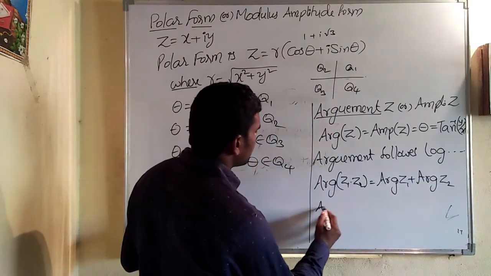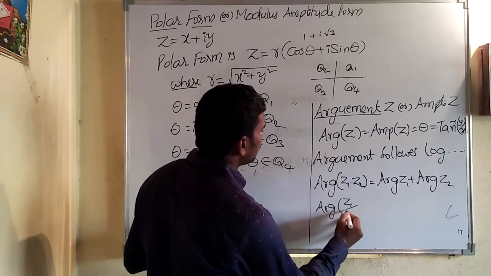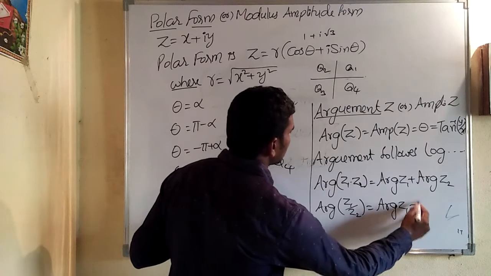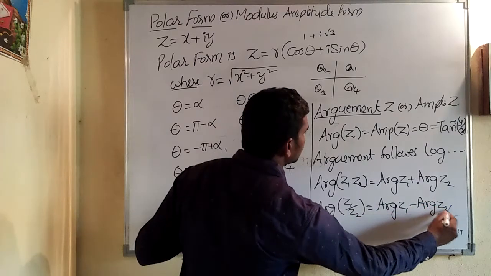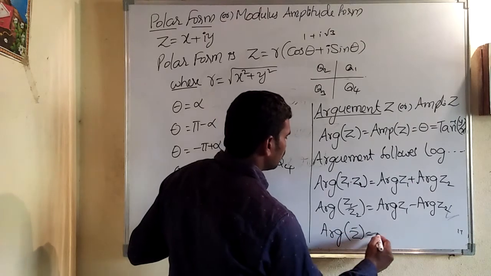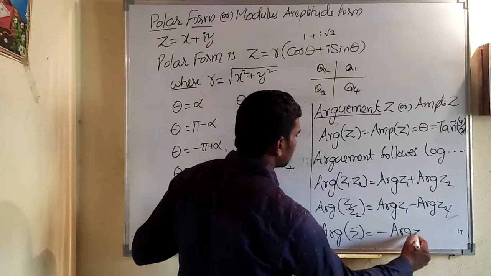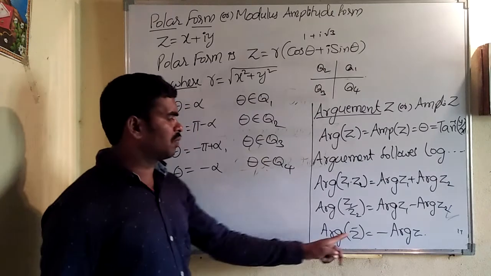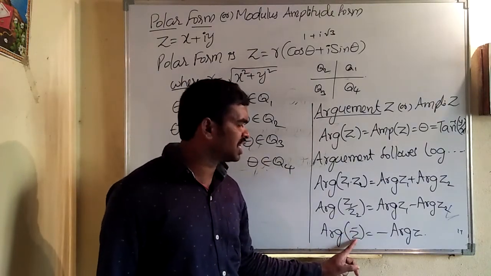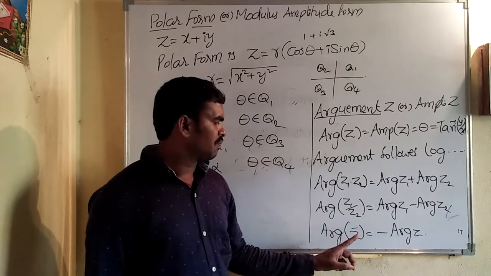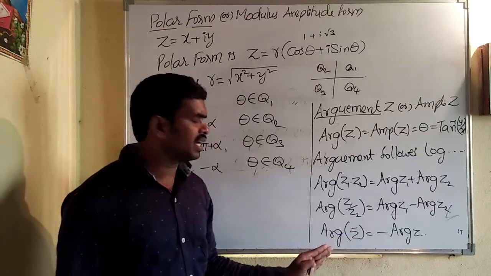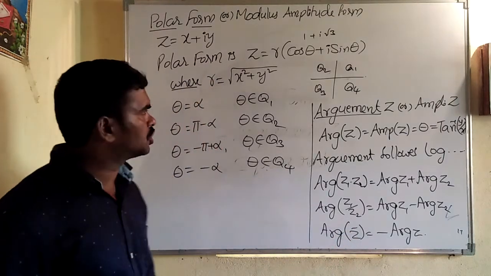Next, argument z1 by z2 equals argument z1 minus argument z2, and argument z bar equals minus argument z. I have told you about z bar: z bar means the complex conjugate of z. For detailed explanation you can find it in part 1 or part 2.